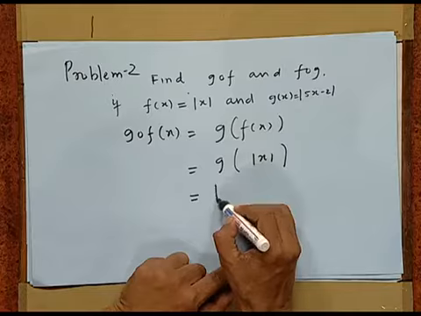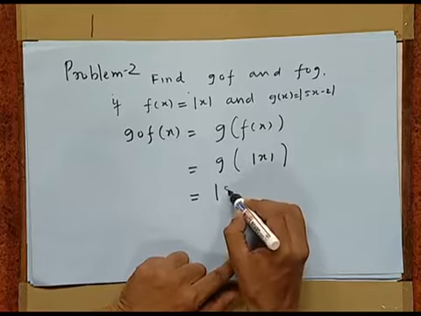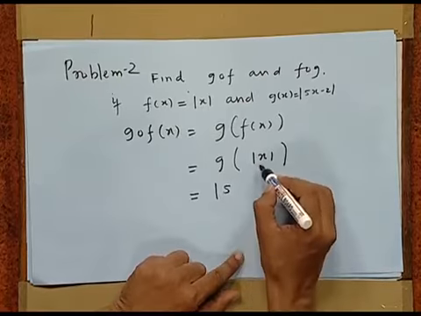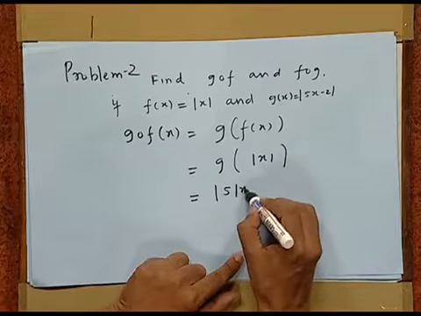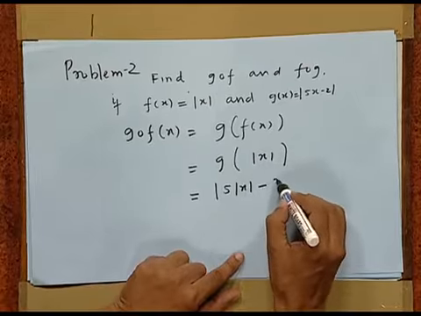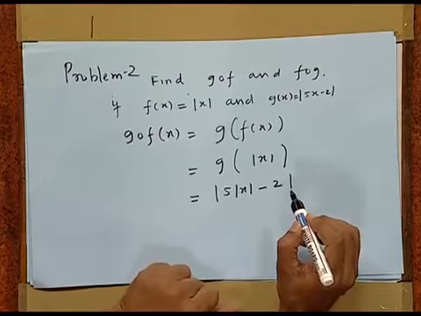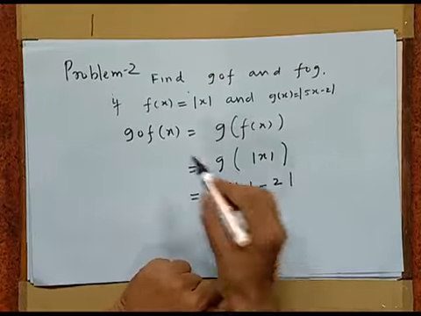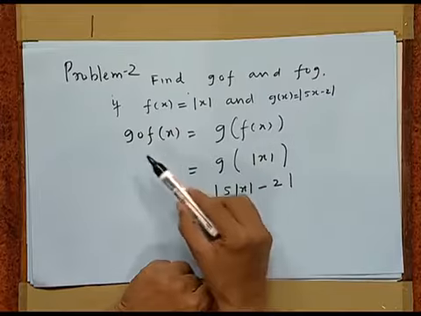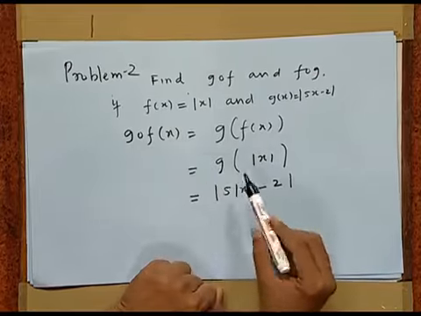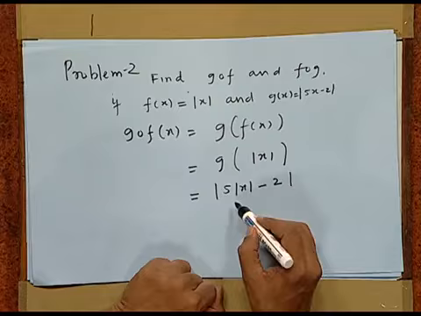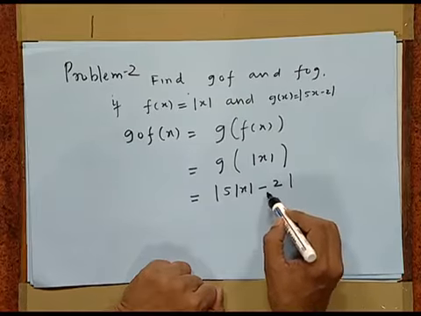So it is modulus of 5 times whatever is inside, that is mod x, minus 2. So this gives the value of GOF x, which comes to be mod of 5 mod x minus 2.